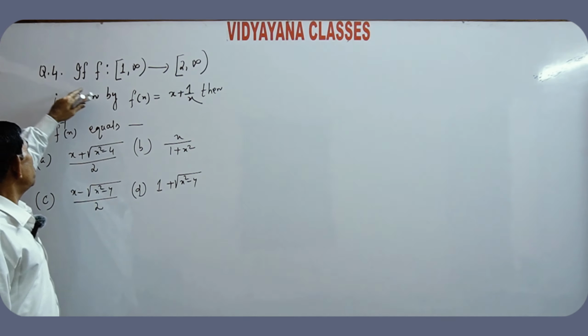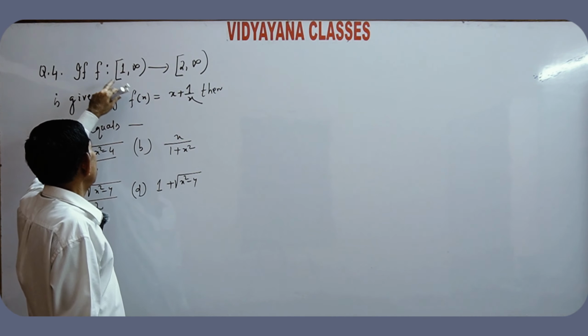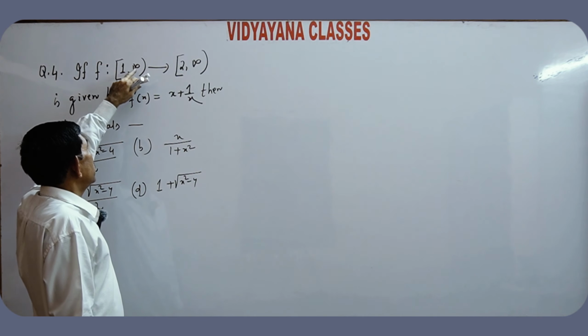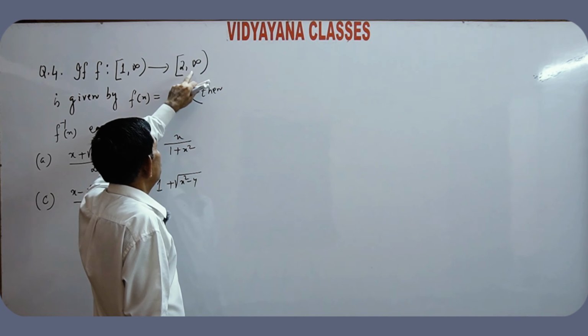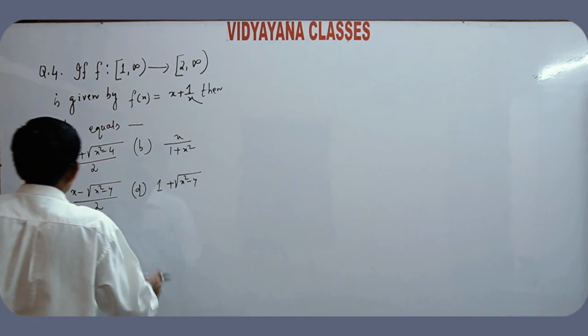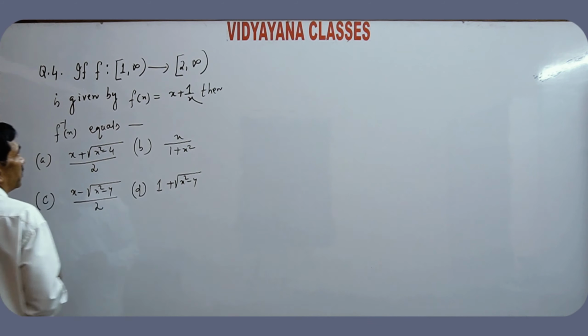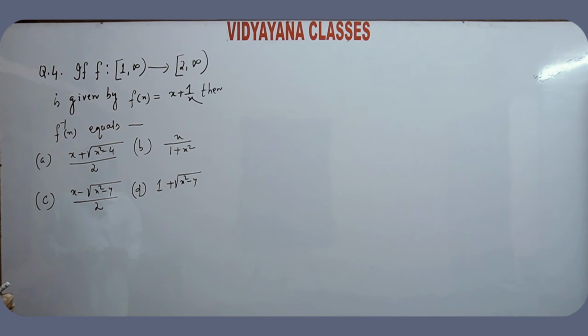Next, question number 4. If f: [1, infinity) → [2, infinity) is given by f(x) = x + 1/x, then f inverse equals dash.